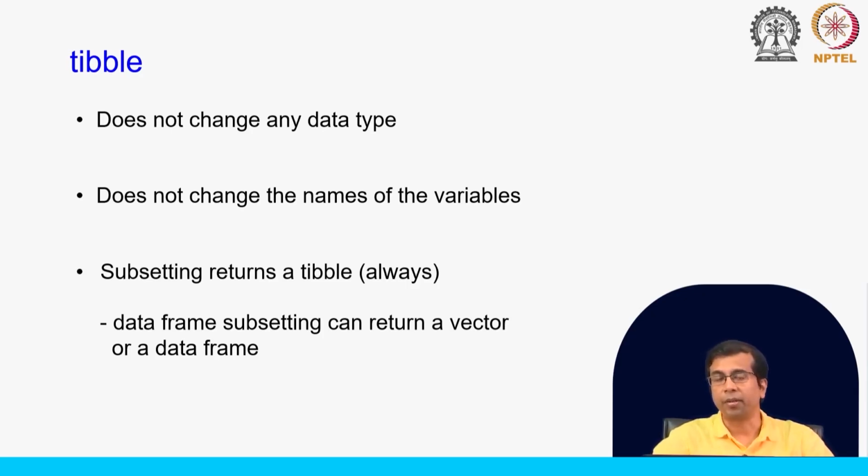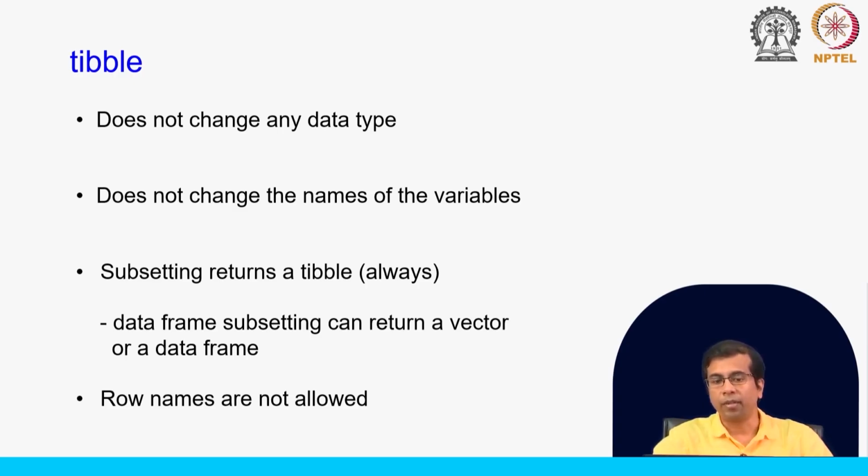For data frame some subsetting will return a vector and some subsetting can return a data frame. Okay. So, this can get confusing when you are analyzing data and you do a subsetting. Depending on the subsetting, you might get a vector or a data frame. So, that could be problematic for your subsequent steps. However, one difference is that in table row names are not allowed. So, this is something we should keep in mind.